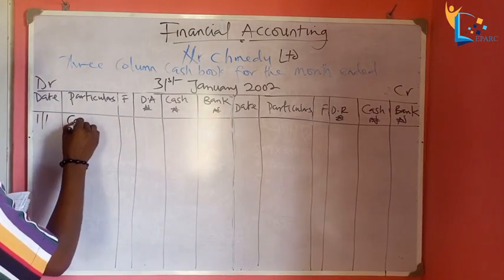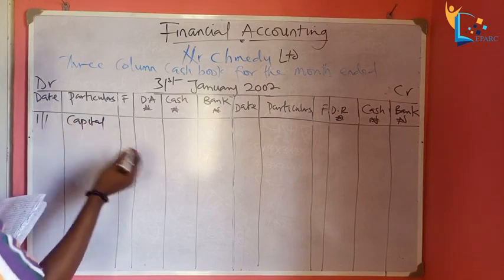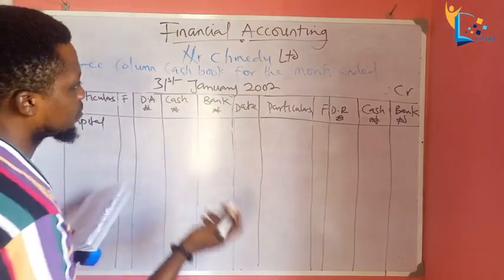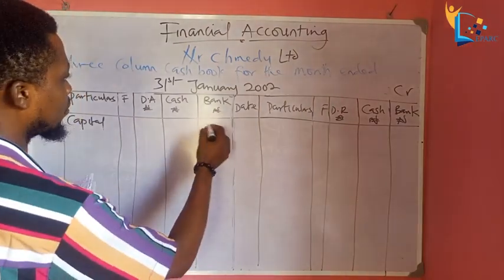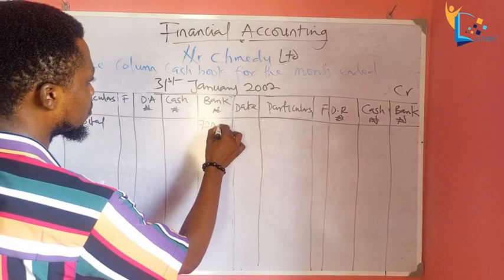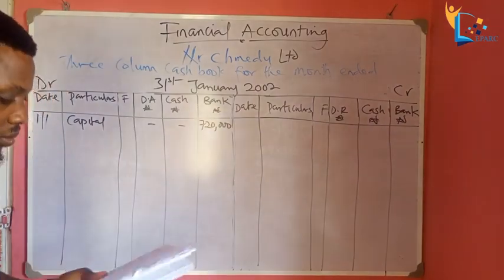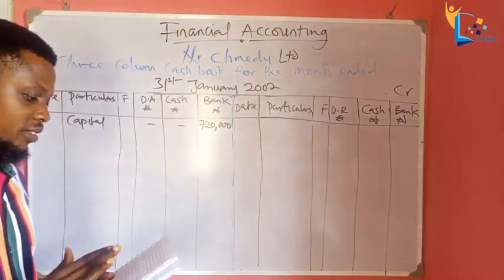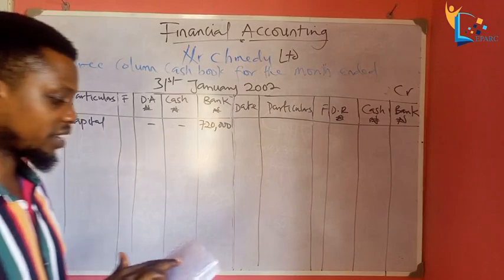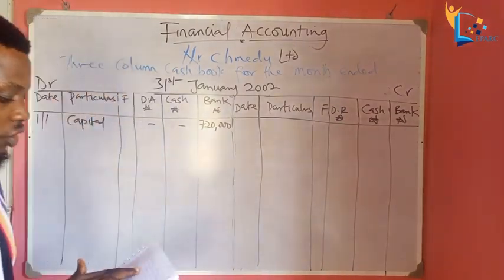Capital, 720,000. Are we together? 720,000 from his private account into a bank account which he had opened for the business.